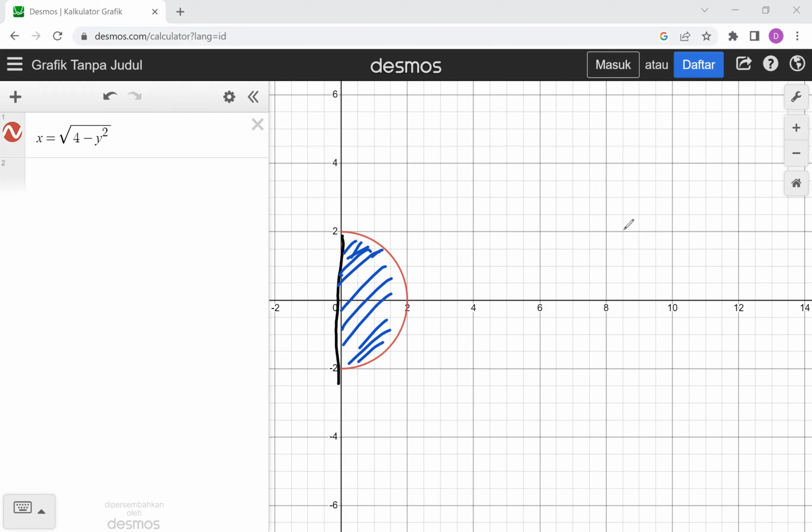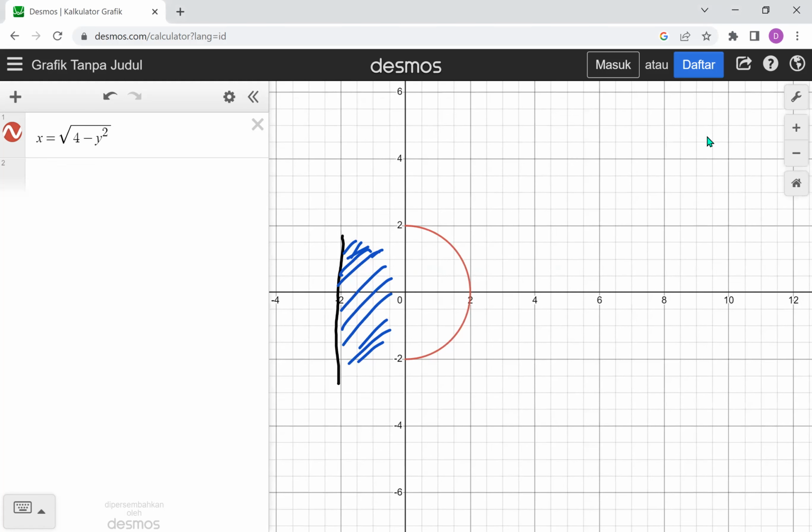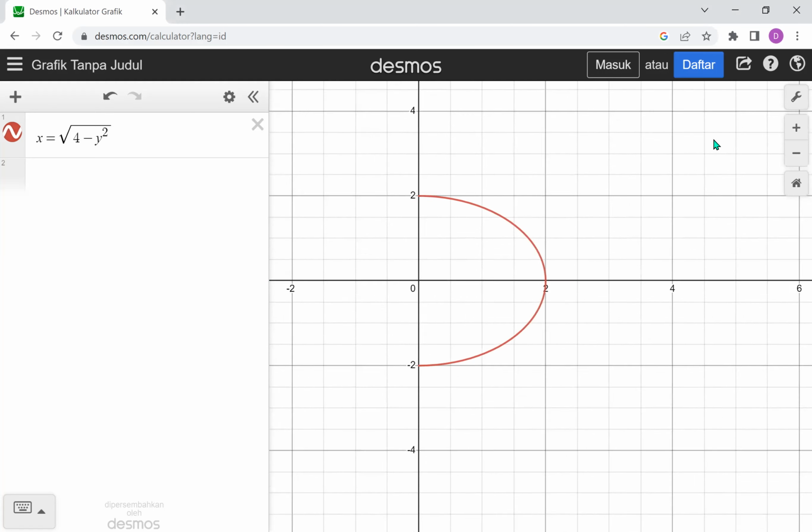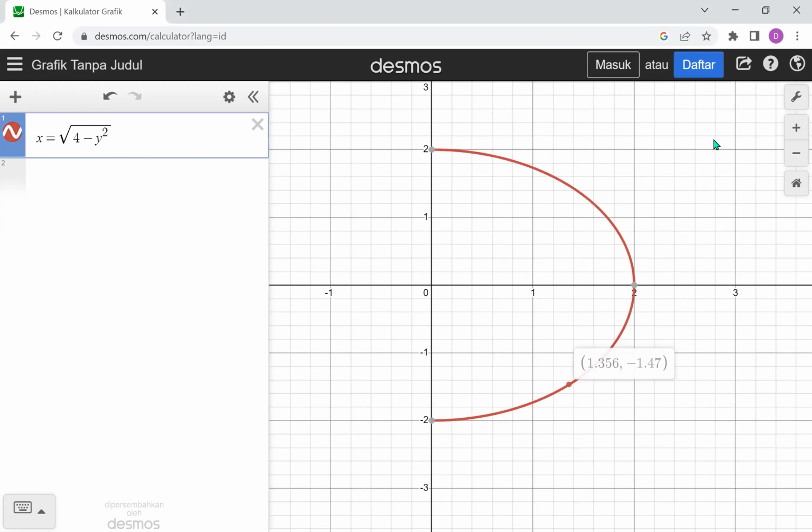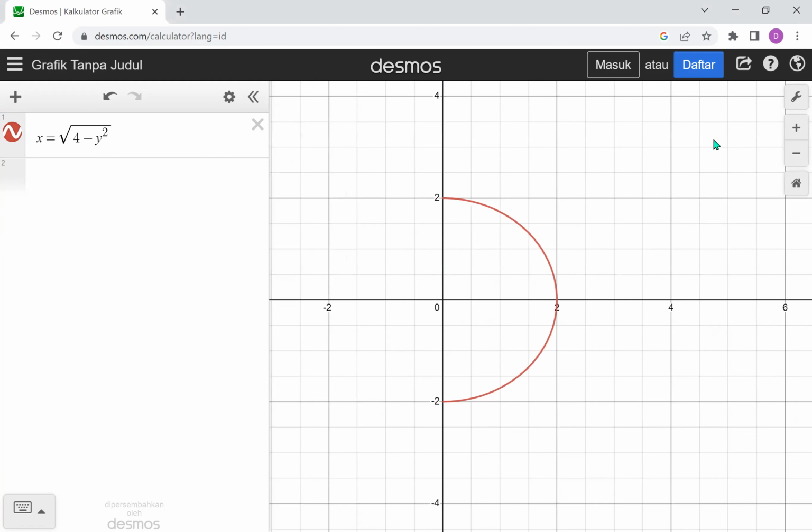But now, I will first zoom this, so I will have the line x equals -1. This is the rotation axis.